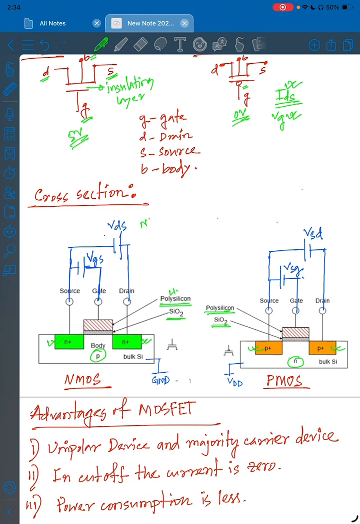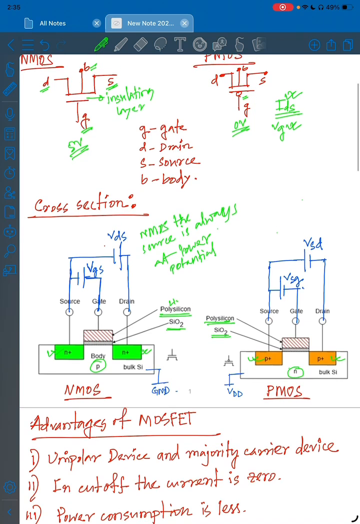In NMOS, the source terminal is always at lower potential, whereas in PMOS, it is always at higher potential.